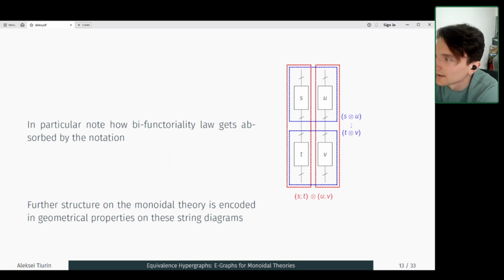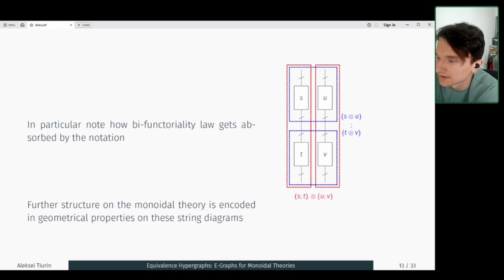The dashed red and blue boxes are not part of the string diagram. They're just to demonstrate how you read the string diagram. So if you read it from left to right, you can derive S sequentially composed with T and composed in parallel with the sequential composition of U and V. And if you read it from top to bottom, you get the parallel composition of S and U composed in sequence with T composed in parallel with V. But these two terms are represented by the same string diagram.